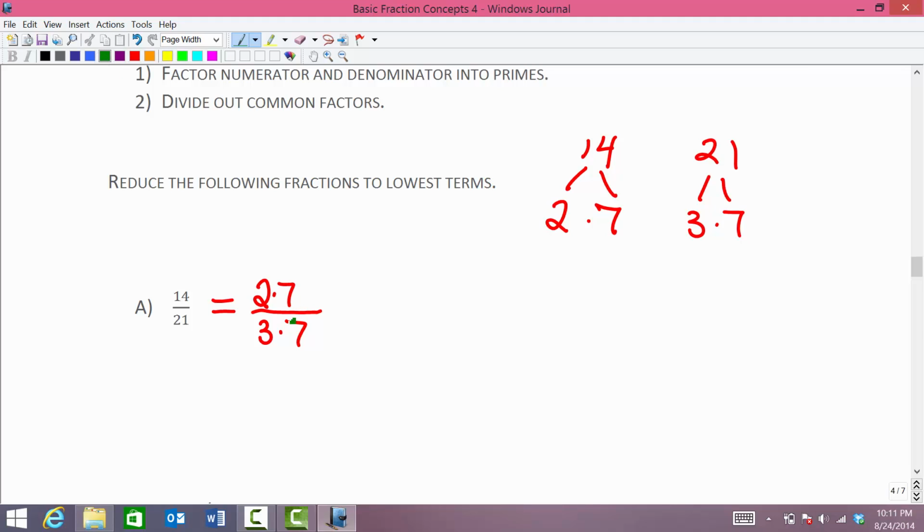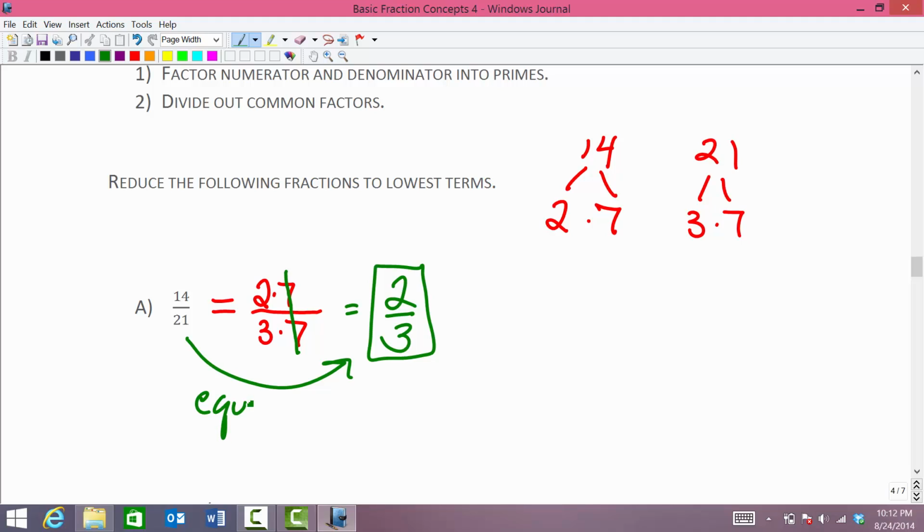Once again, we have that 7 divided by 7, and what did we say 7 divided by 7 was equivalent to? That's equivalent to 1. So now we have 2/3, and 2/3 and 14 over 21 are equivalent fractions, but 2/3 would be the fraction that is reduced to lowest terms.